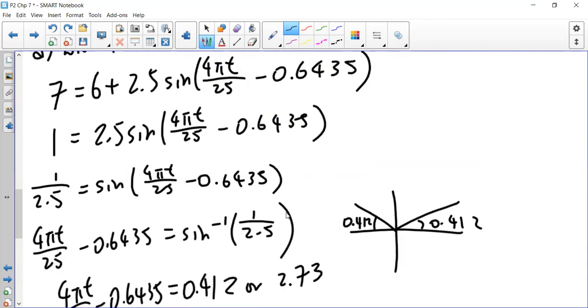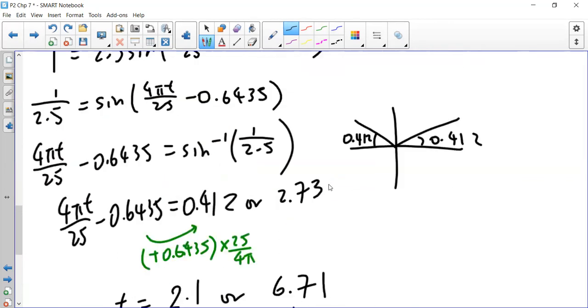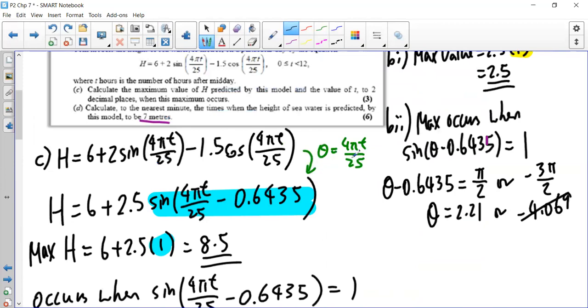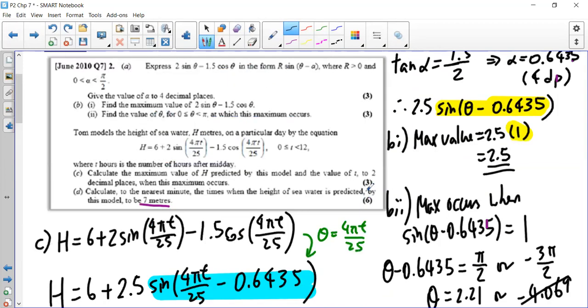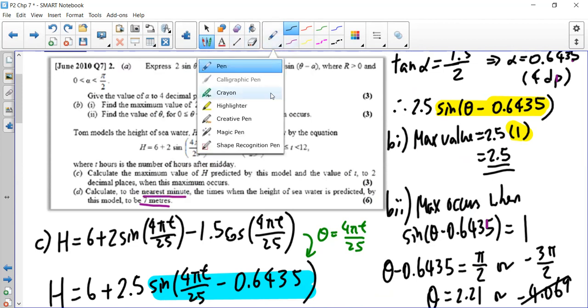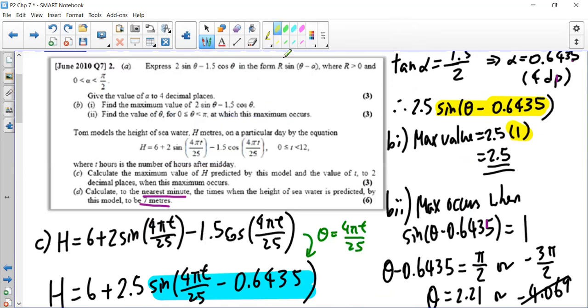But here comes the tricky part. If you got these 2 answers, 2.1 and 6.71, you get 5 marks out of 6. What about the last mark? Because it says calculate to the nearest minute. And what's t? t is the number of hours after midday.